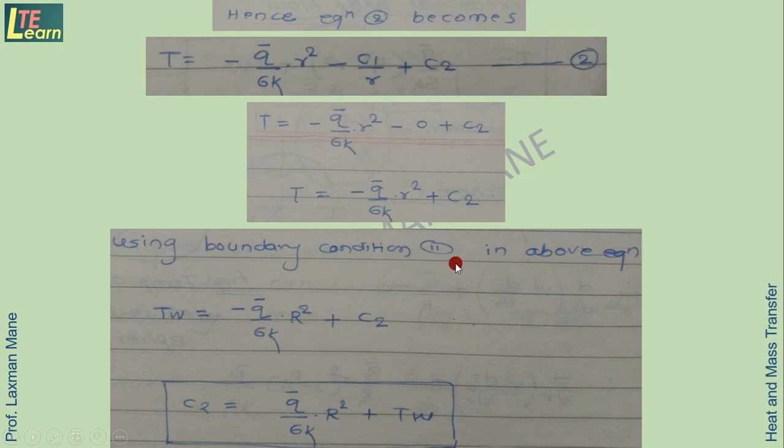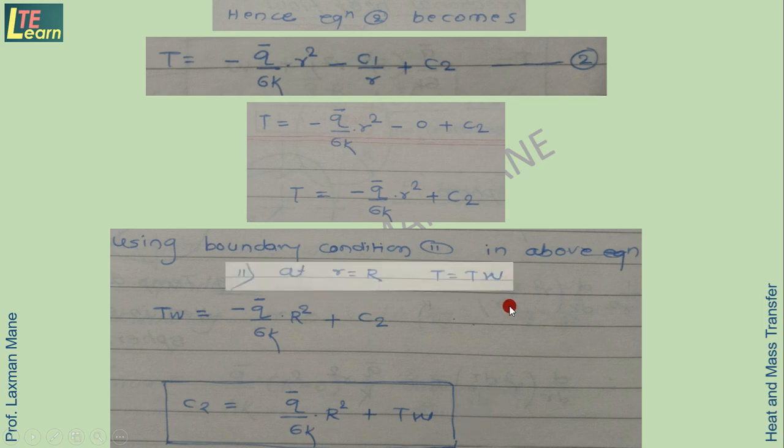Then we use second boundary condition, means we use temperature TW at the place of T, and we use capital R at the place of small r. So here we find this C2 is equal to this expression.